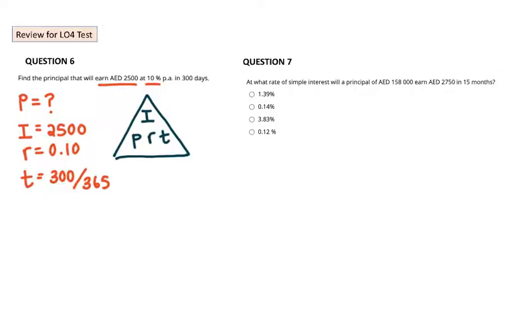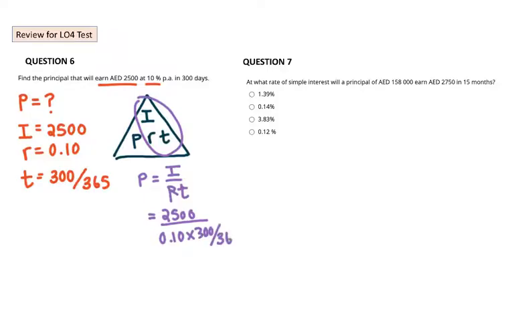And since we are missing P, we know that the equation for P will be I divided by RT. And we can just plug and chug the values. 2,500 divided by 0.10 times 300 over 365. And that will give you the initial principal of 30,416. If I'm going to round to 2 decimal places, I will say 0.67 dirhams.